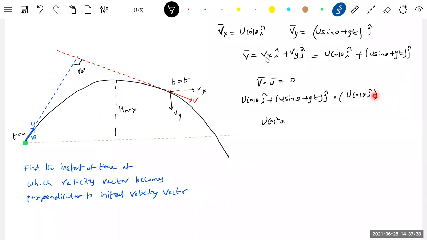One more thing I'm missing. u cos theta i cap plus u sine theta j cap. I'll get u cos square theta from i dot i. j dot j will be 1.